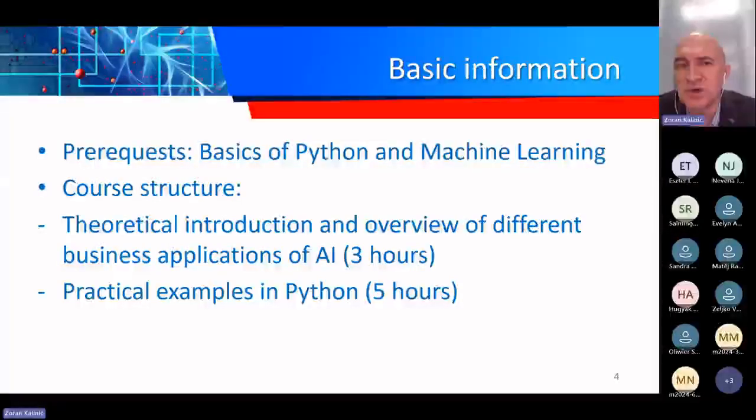And the next 2 hours will be dedicated to theoretical foundations of business applications of AI. So we will see in some fields of marketing, of finance, of customer service, how we can implement some AI methods and what we can get and why it is better than some previous solutions.